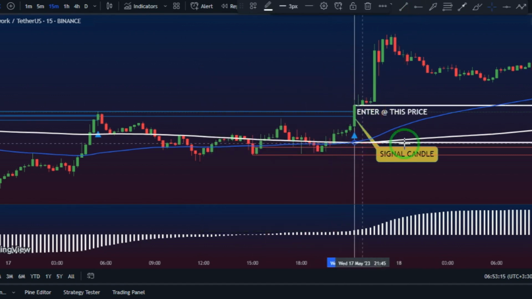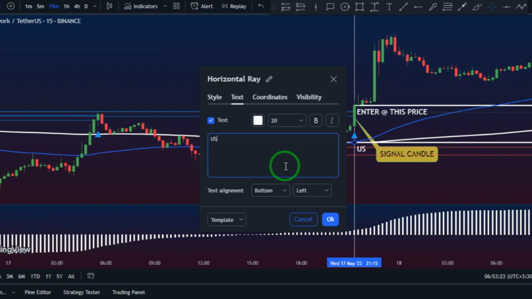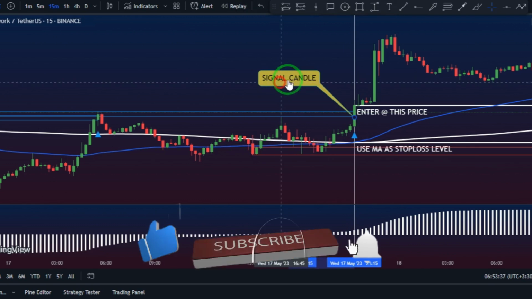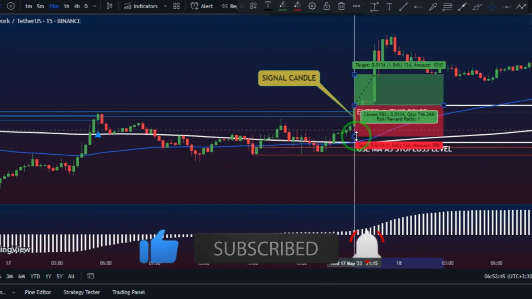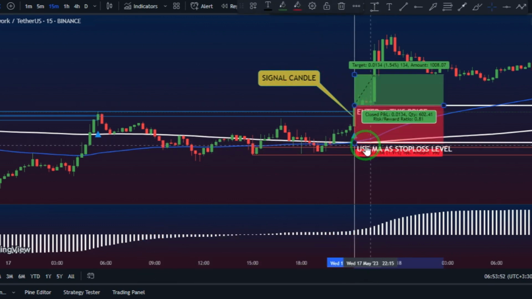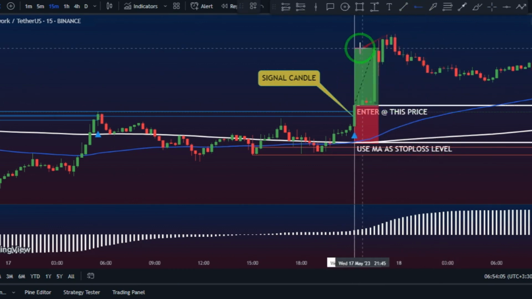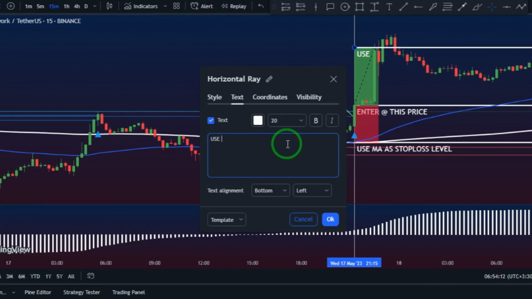Then we can use the closest moving average as our stop loss level. As for exiting the trade, we should set our target to be 1.5 times greater than the stop loss.